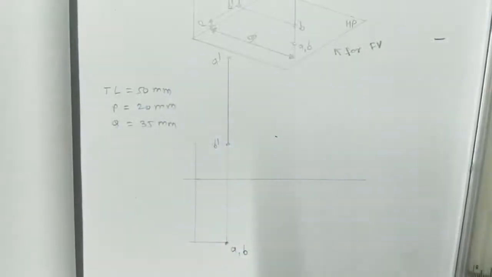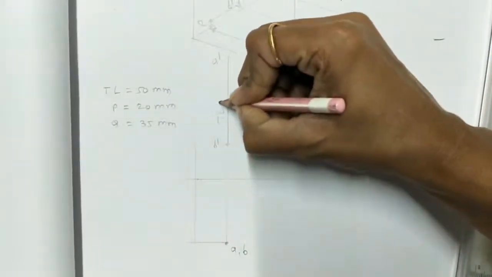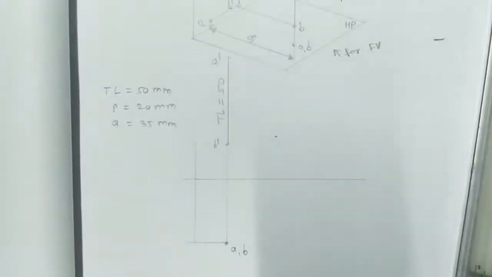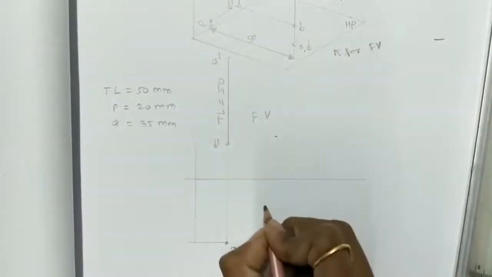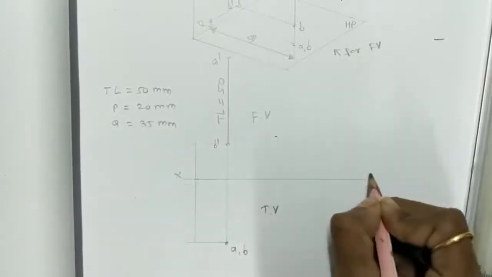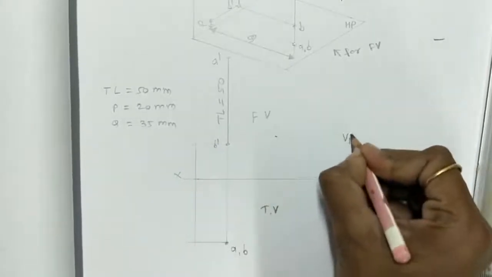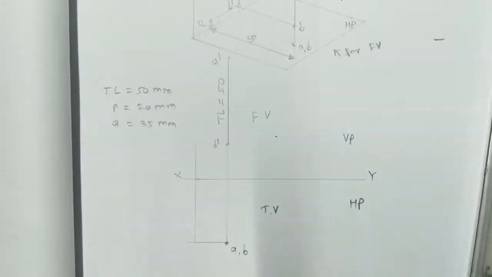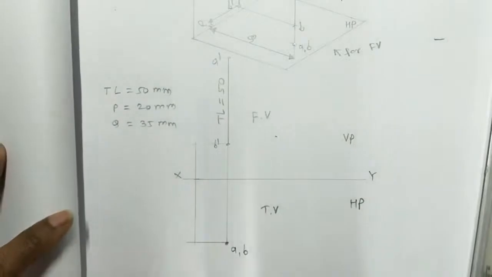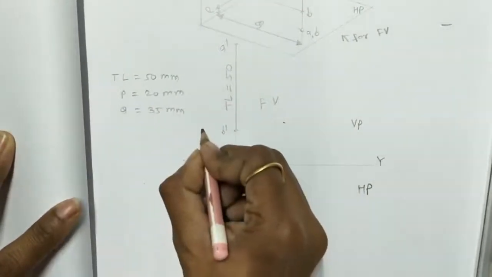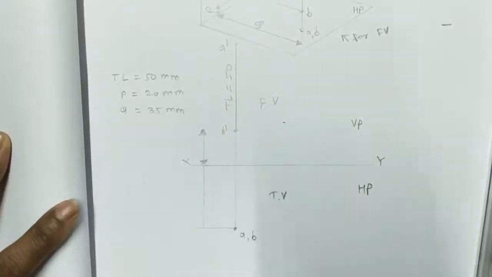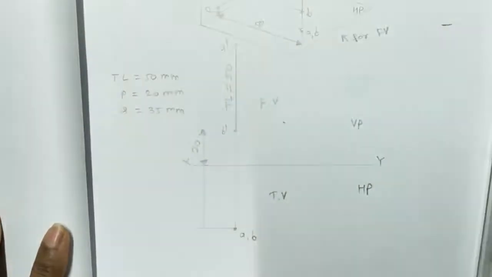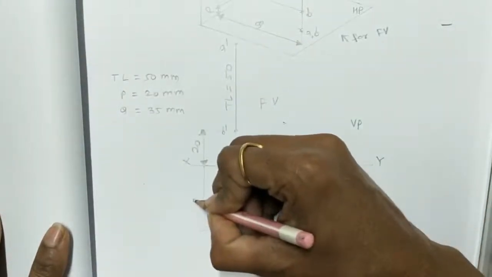So this is the true length, which is 50, which here is front view and here is top view. This is XY line, this is VP and this is HP. You have to show all this, and this distance shows 20 and this distance shows 35.